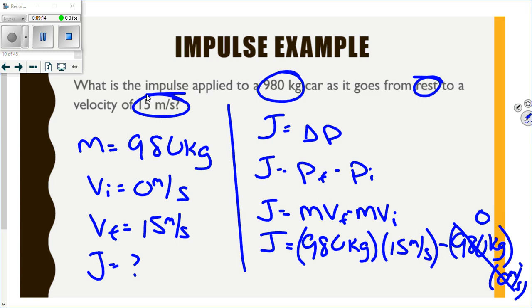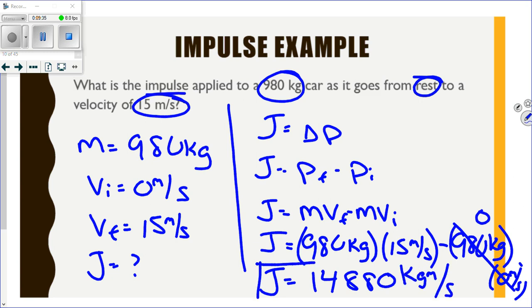We can multiply the first two together, and we're going to get an impulse of 14,700. Now, if we take a look at the units, momentum that's changing gives us an impulse. So actually, impulse is going to have the same units as momentum, kilogram meters per second. And now we've arrived at our impulse final answer.